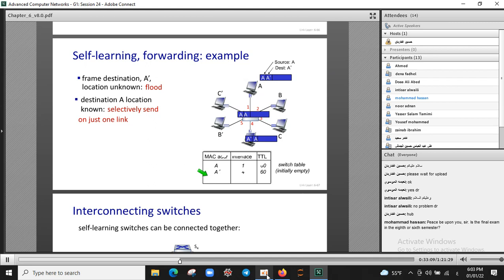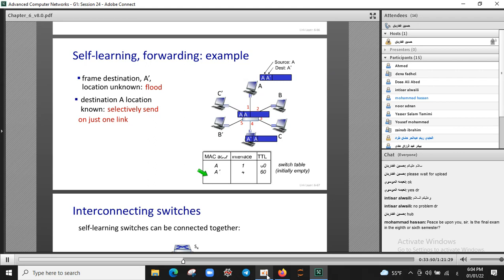Using this strategy, the switch cuts the collision domain. A collision domain means the area where, if one device sends information, the other devices must not send. They should be quiet until the end of sending, and after that they can send.